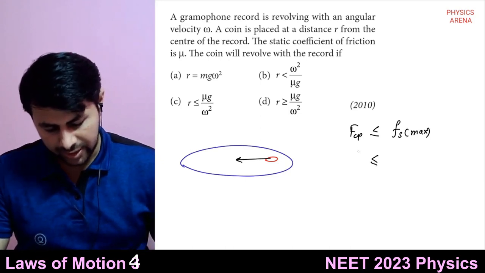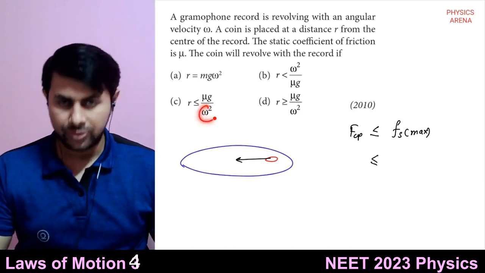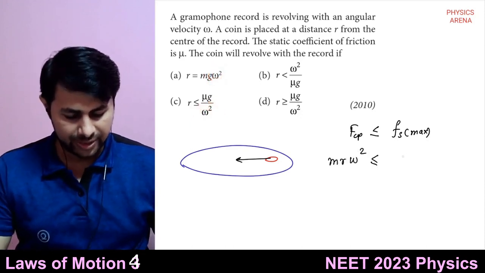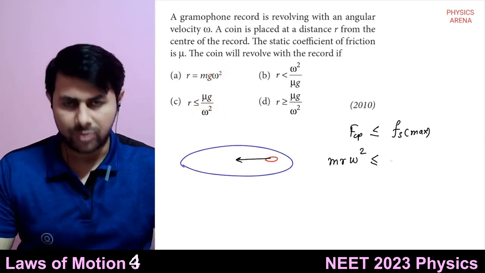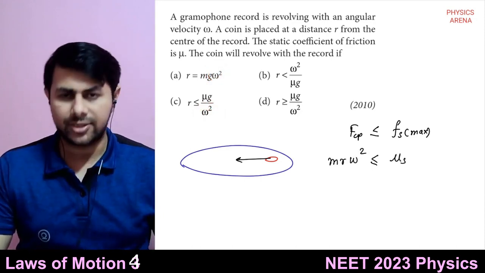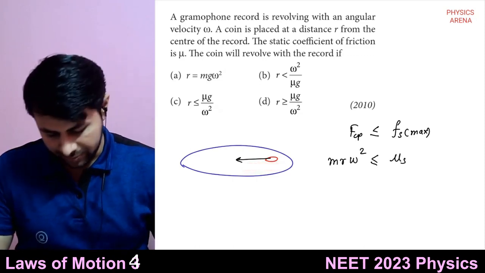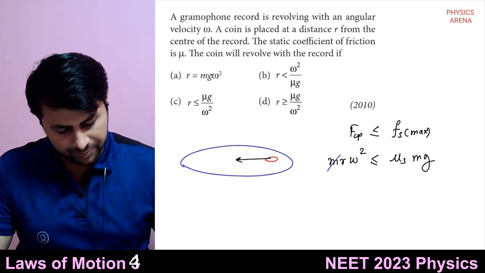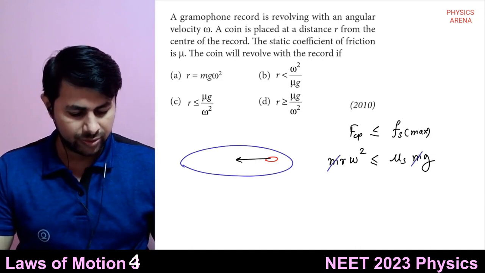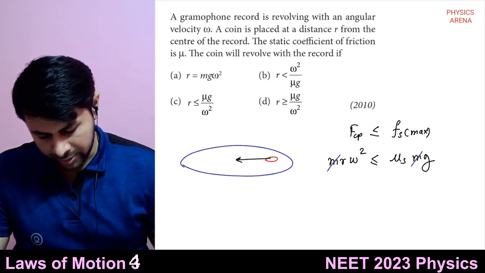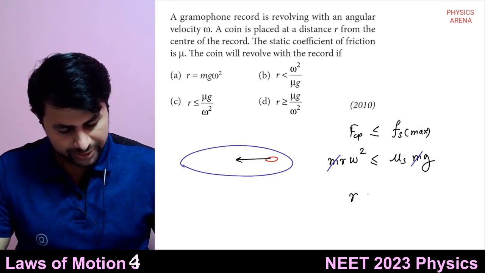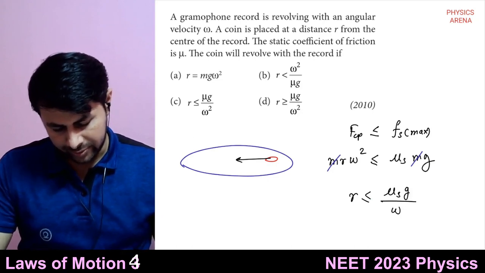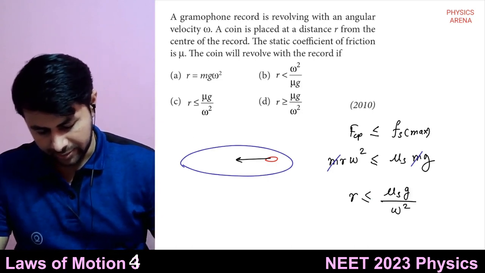Answers are given in terms of omega, so we will use the formula in terms of omega: m r omega square. And what is Fs max? It is mu s multiplied by the normal reaction, and because this is a horizontal surface, the normal reaction is equal to mg. You can cancel out m and m, so you get r omega square is less than or equal to mu s multiplied by g, and you want r, so it will be less than or equal to mu s times g upon omega square. So the answer is option C.